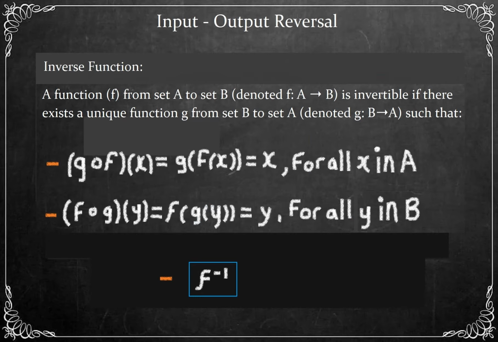The composite identities ensure the inputs and outputs align correctly across these domains and ranges. In simpler terms, if a system uses composite identities correctly, every input generated by the forward function is a valid input for the inverse function, and the combination brings you back to the exact starting point.